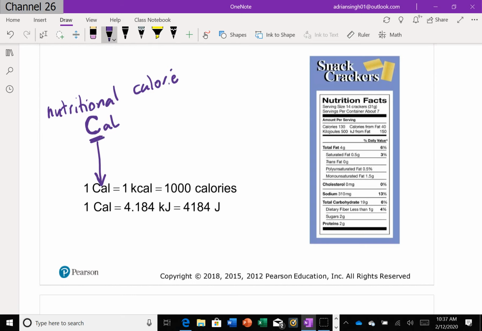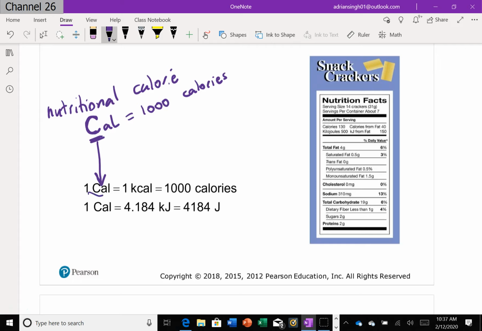And uppercase versus lowercase, I mentioned, makes a big difference. And this means 1,000 of the regular calories. So a nutritional calorie is actually a kilocalorie, 1,000 of the regular calories.